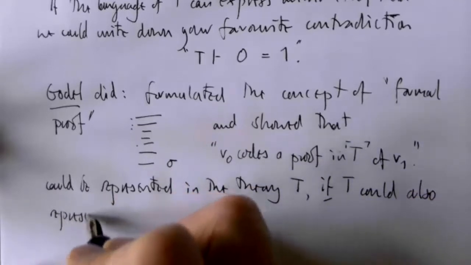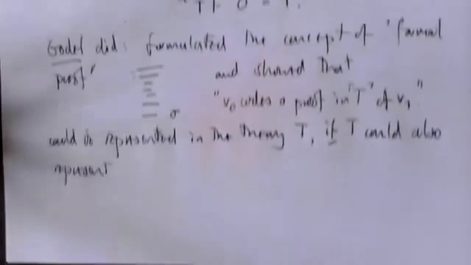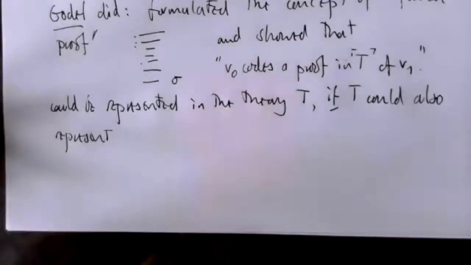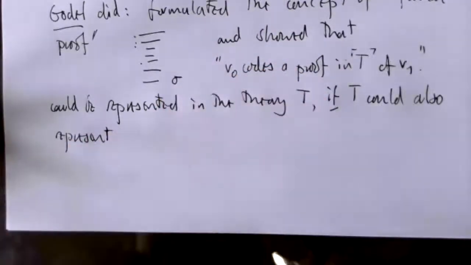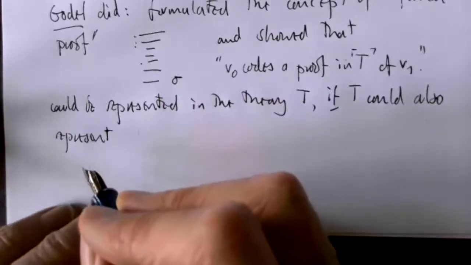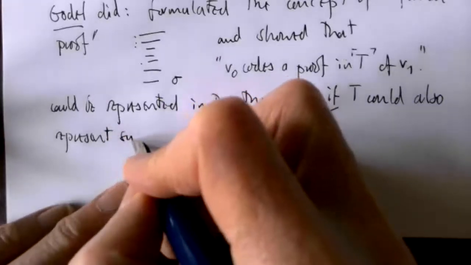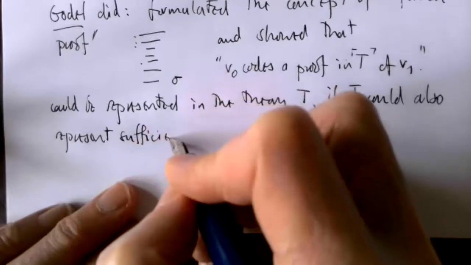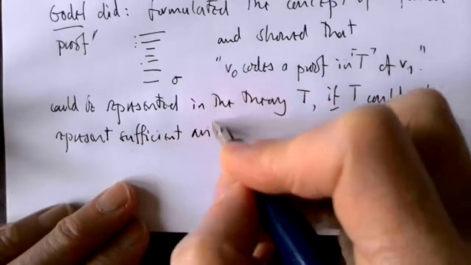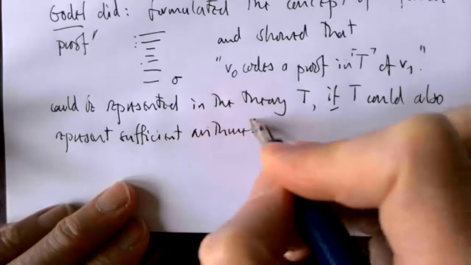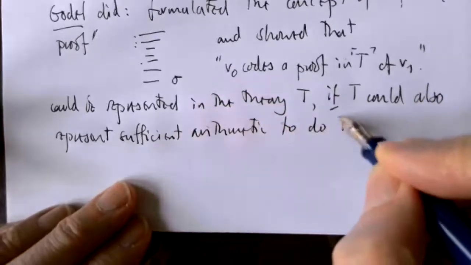The standard theory of number theory, which logicians and number theorists use, is called Peano arithmetic. So if T could also represent sufficient arithmetic to do this coding.